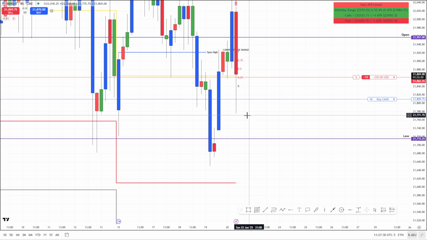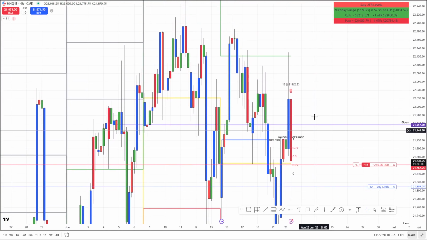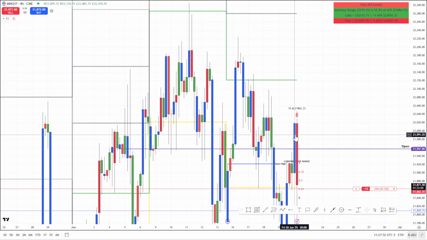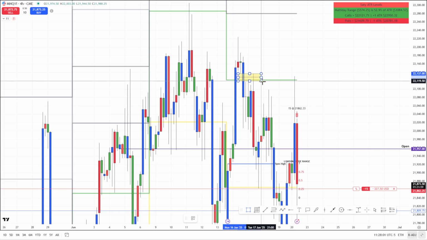We have a 1 a.m. We have a 1 p.m., which that close is right down here in the gap. But if you noticed our 5 a.m. candle, 5 o'clock candle, okay, we have a 5 o'clock point of interest.